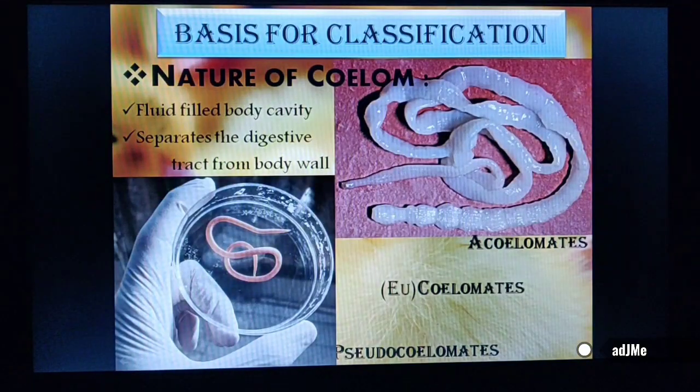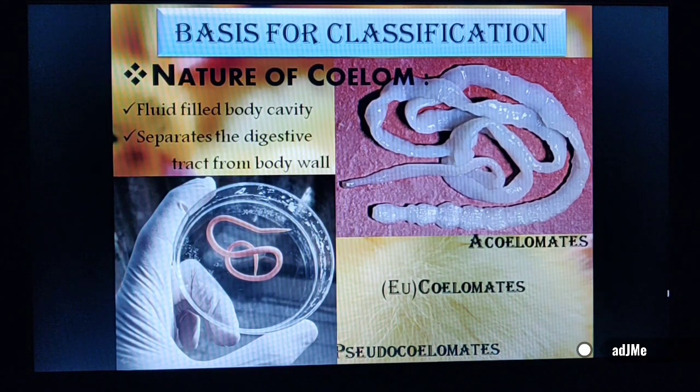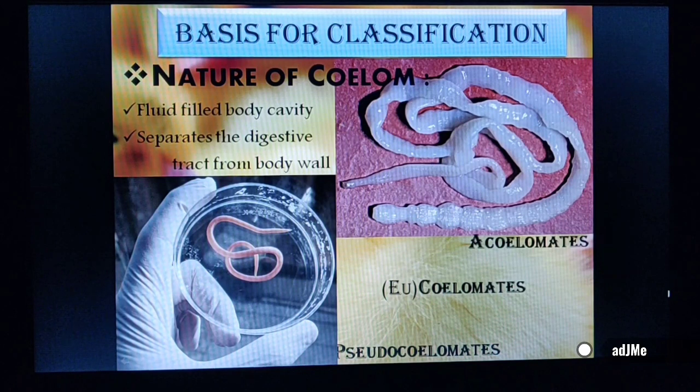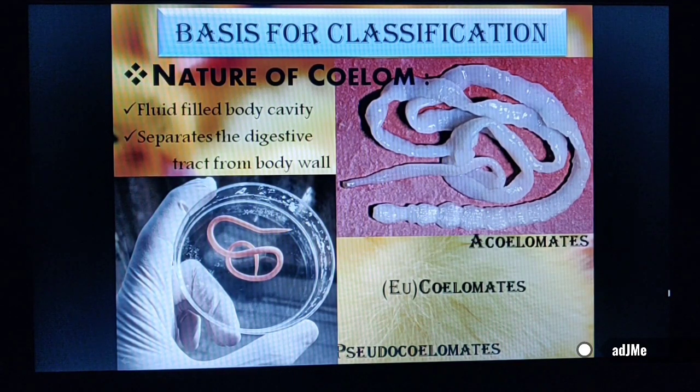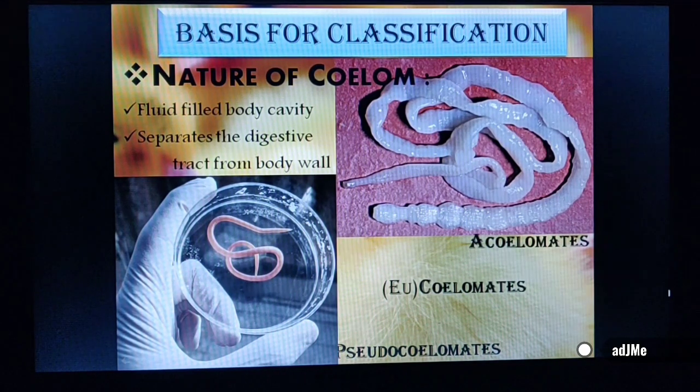Okay, so when you concentrate on this basis for classification, you find the lowermost organisms. You're going to learn all the lowermost organisms later. For example, they come under unicellular, and secondly they come under asymmetry. Then third, they come under germ layer, they come under diploblastic.